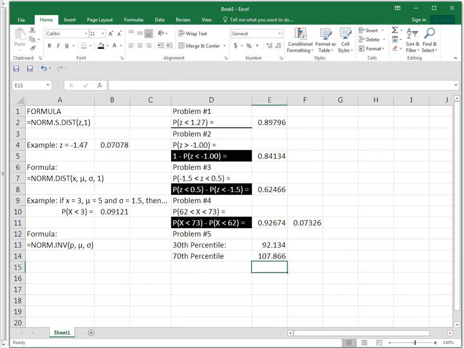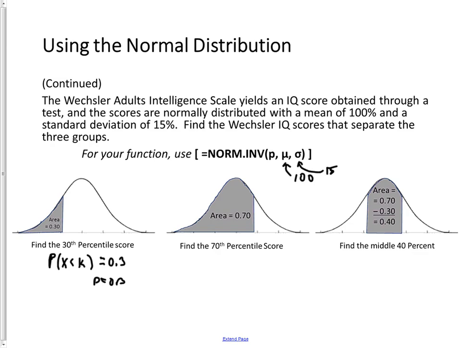Now, I happen to know that in the Wechsler intelligence scale test, our values of k come out in whole numbers. So we said this was something like 92 point something. We would give 92 as the actual score.